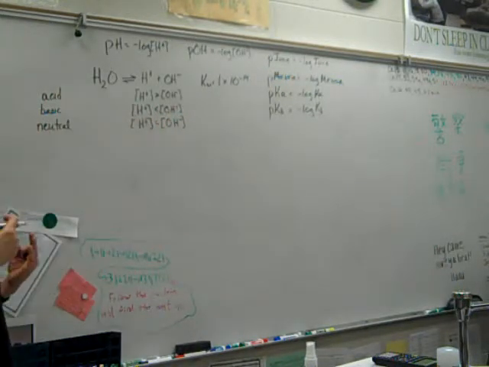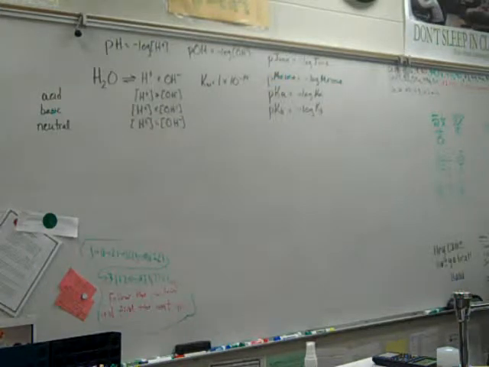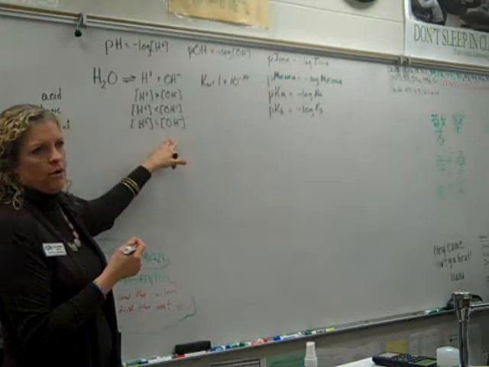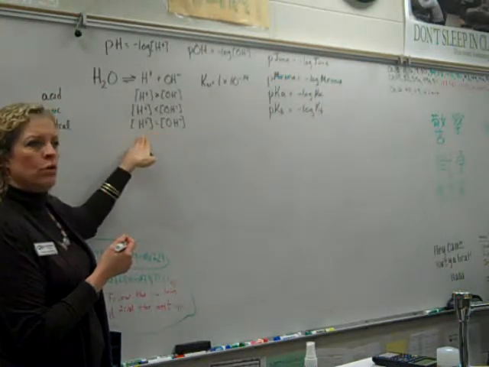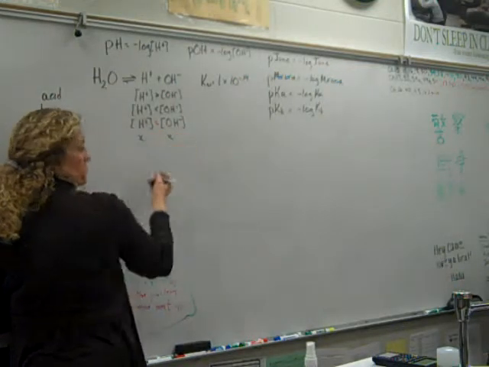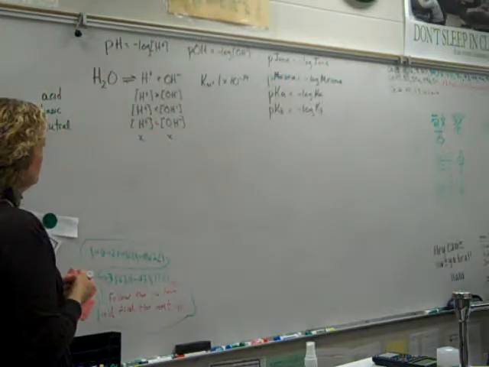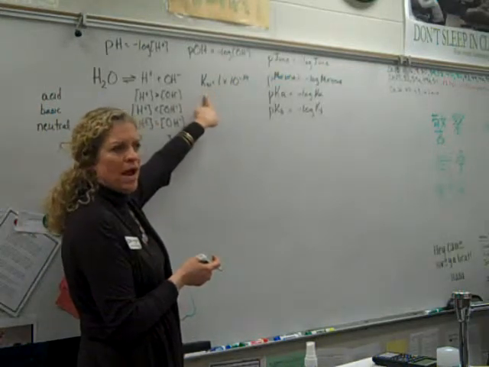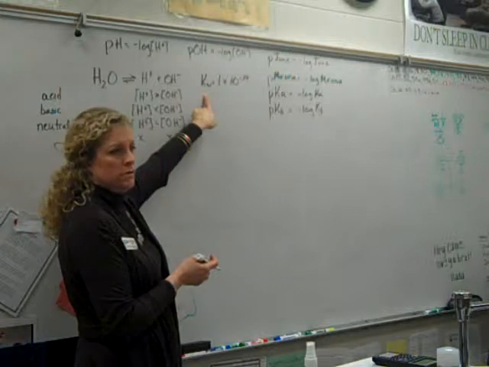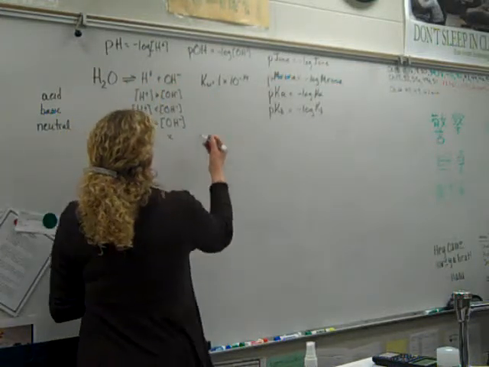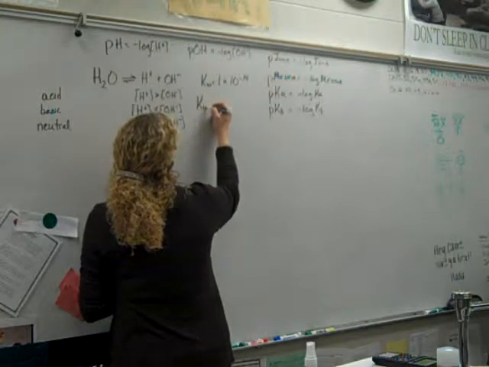Now, I'm kind of curious as to what the exact concentrations are in neutral water. If they are equal, could we represent them both by an x? Yeah. And we have a K value. Could we write a K expression? Yes. Now with the expression, remember, I want the chemical formula in there. So what would be my expression?